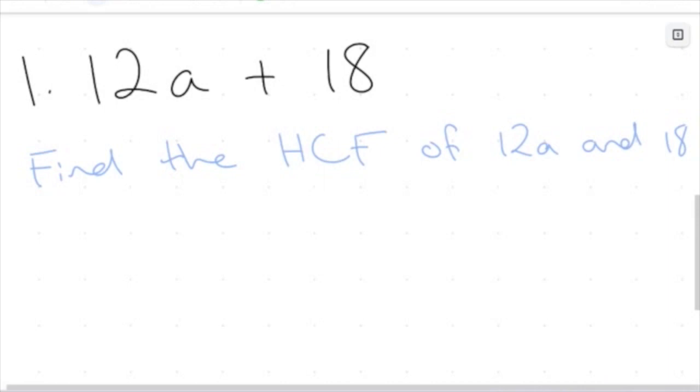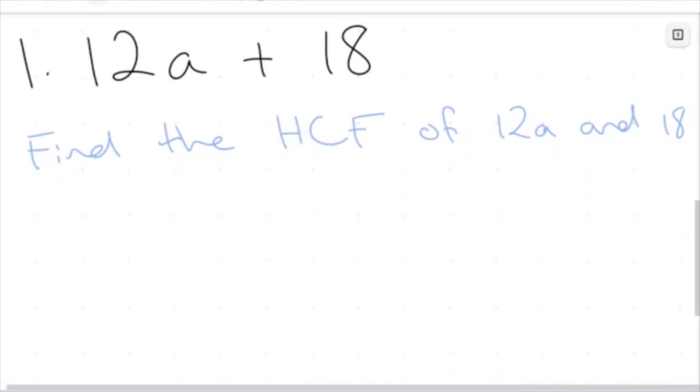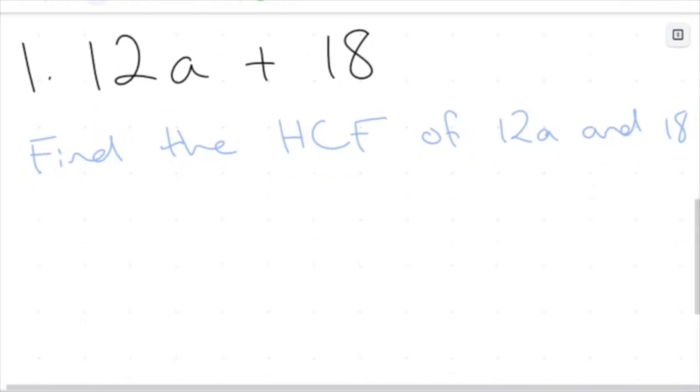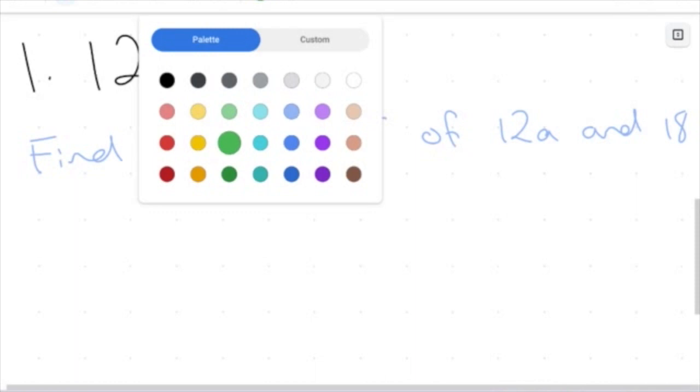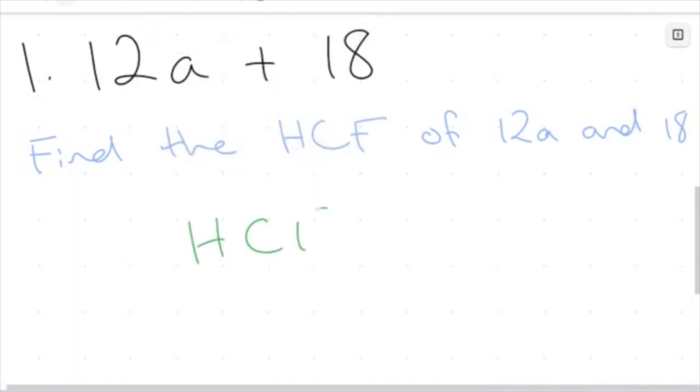So what's the biggest number that goes into 12 and 18? You can pause the video and have a go on your own, but I know from my times tables that 6 goes into both 12 and 18. So 6 will also go into 12a and 18. So the highest common factor is 6.